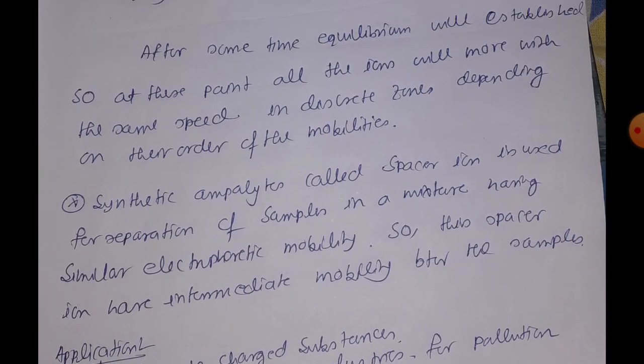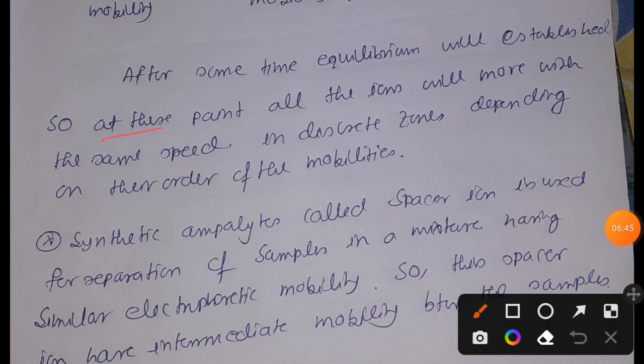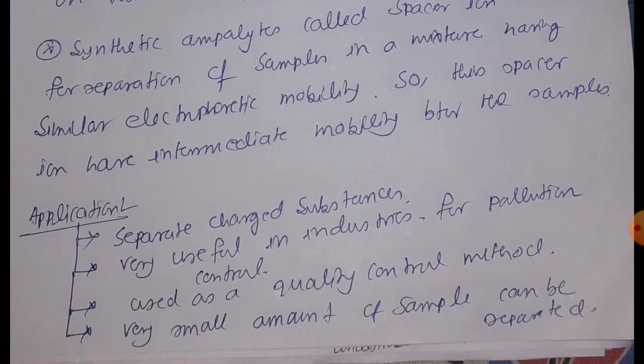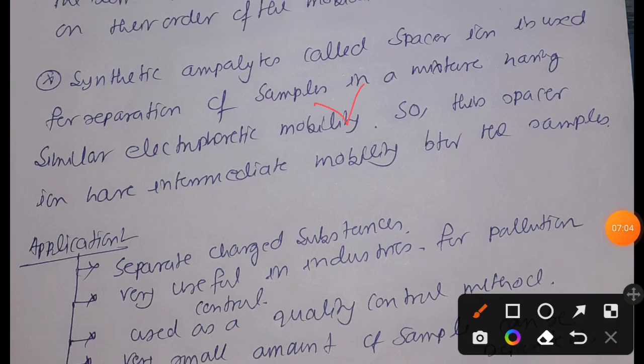As I have written here, after some time equilibrium will be established, and at this point all the ions will move with the same speed in discrete zones depending on the order of their mobilities. The differences in electrophoretic mobility play a great role, and that is nothing but a difference in the ratio of their migration rate to the electrical field.